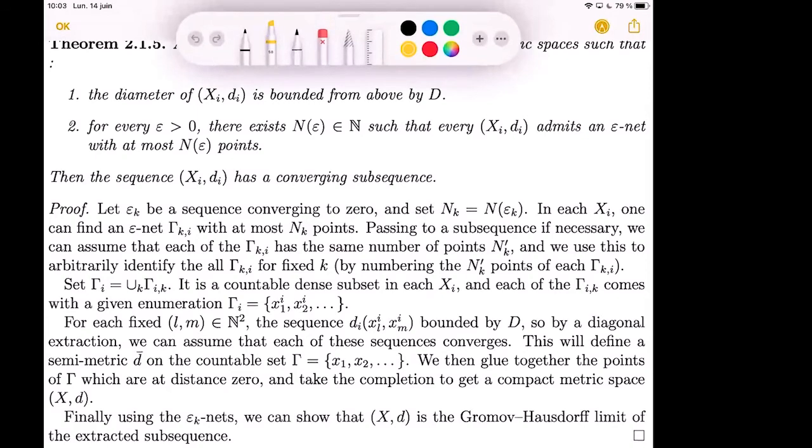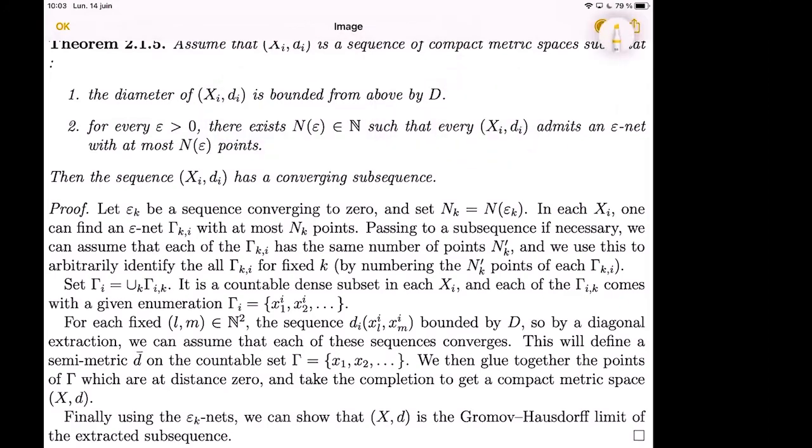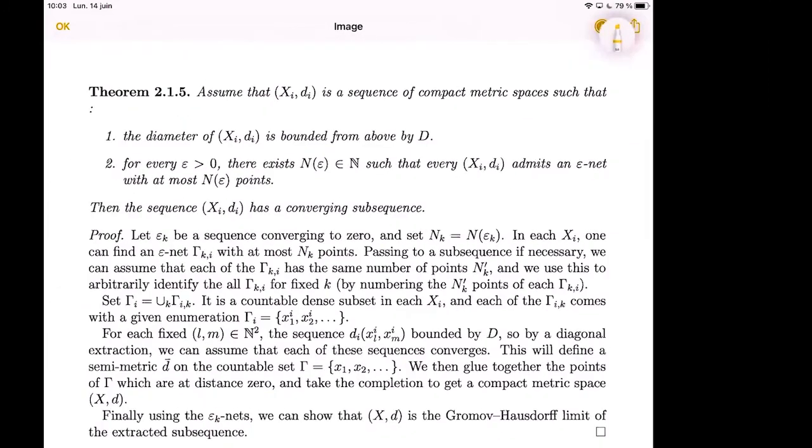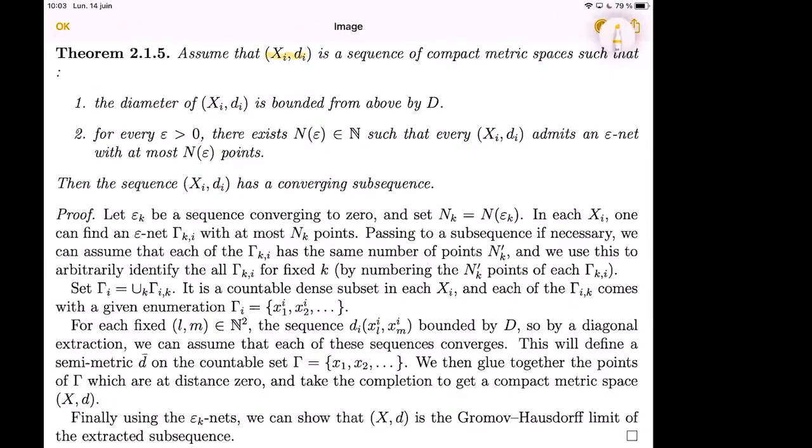We will see that there are natural geometric conditions which give you this kind of hypothesis. So you take a sequence of compact metric spaces, and you assume that the diameter is bounded from above. Since we have seen that the diameter is continuous, if we want a convergent subsequence, it's a natural hypothesis.